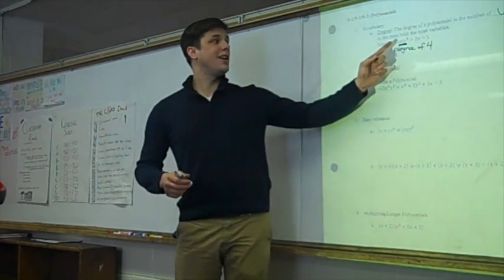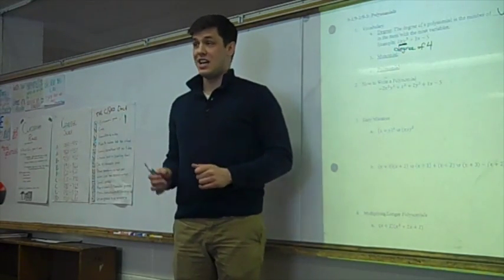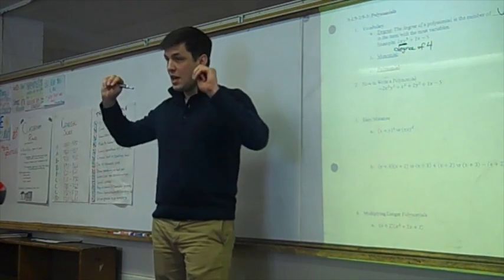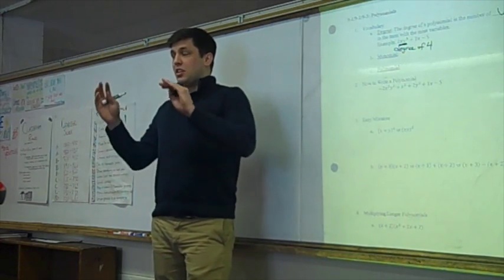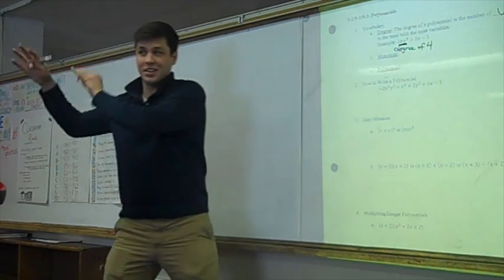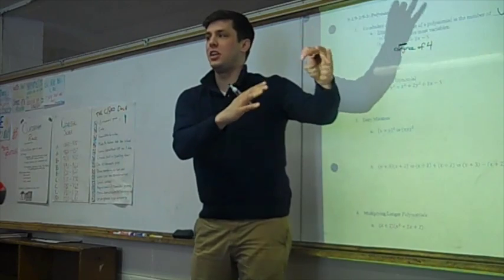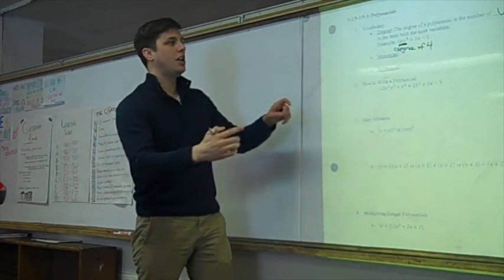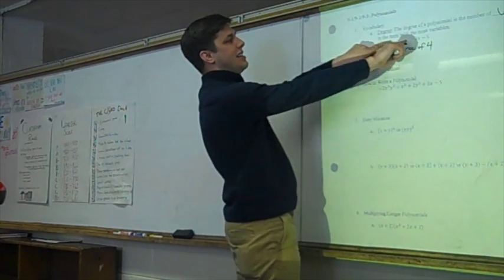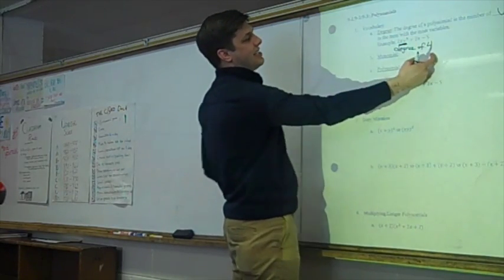So now we look down to the other terms in this equation. Each term has its own degree, and the degree of each term is one thing. And then there's the degree of the polynomial. The degree of the polynomial is only defined by the term with the highest degree.